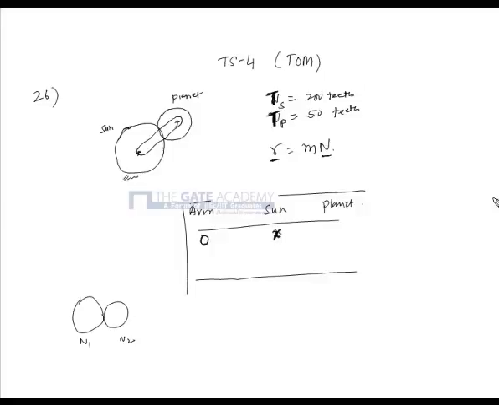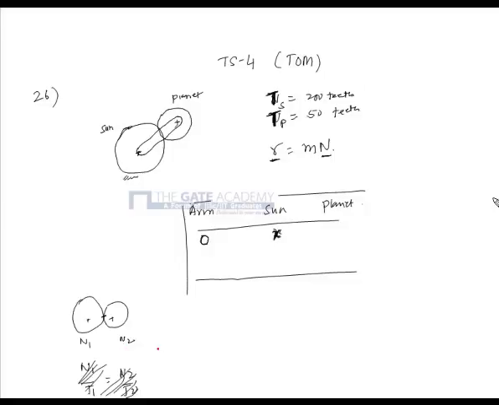So n1 and n2 are the speeds, revolutions per minute, of these two gears in mesh, and they are related to the teeth by n1 t1 is equal to n2 t2. Let's not directly put this relation; let's see how I arrive at it.